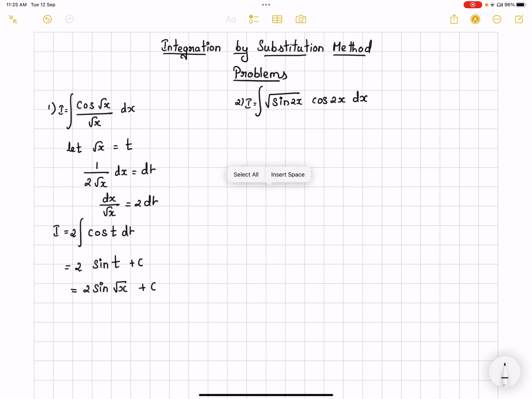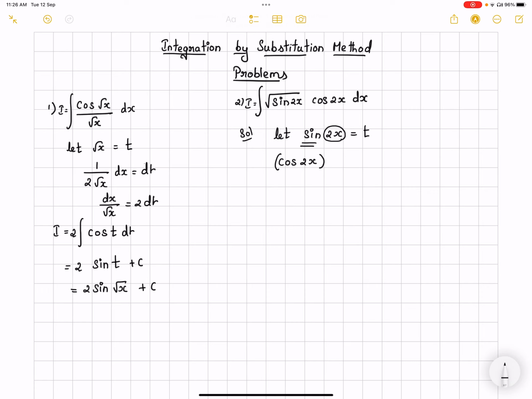Now here, let sine 2x be equal to t. That means I'm going to differentiate both sides with respect to x. When I differentiate sine, I get cos 2x as it is. After this, I need to differentiate the 2x separately.